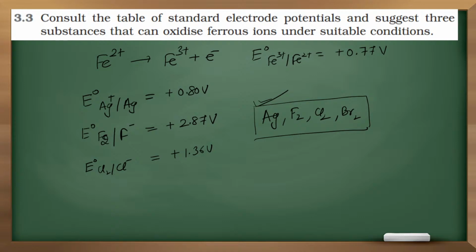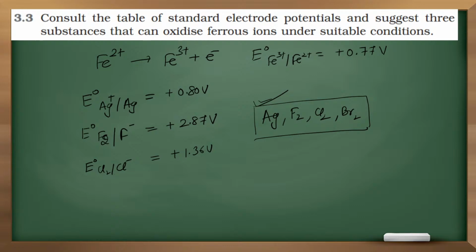'Muskan Sharma'. What is the difficulty, beta? Tell me. So say Fe2+ to Fe3+. The E naught value of Fe3+ to Fe2+ is plus 0.77 volt.